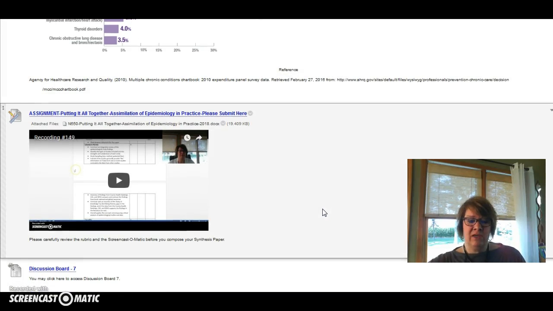The other thing is there is a screencast-o-matic specifically on the rubric for your putting it all together, your synthesis paper. So please take a look at the screencast, and it goes through in detail the rubric itself. If you need some guidance as far as APA formatting, there is quite a bit of information in the orientation section of this course.